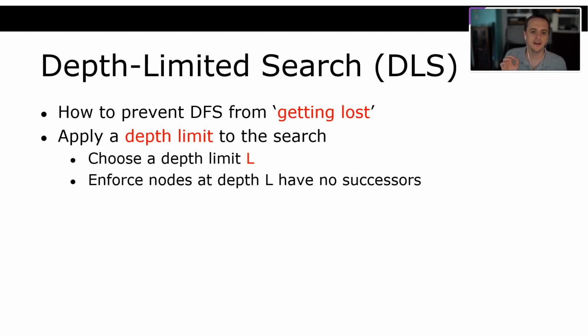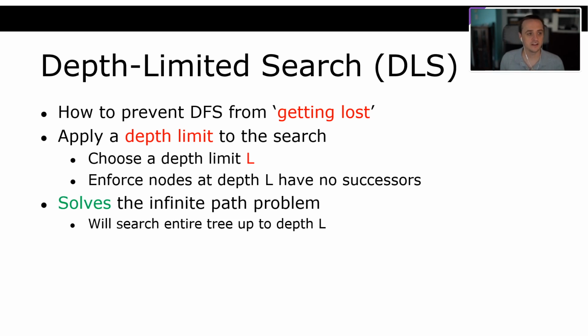Well, we're going to apply a depth limit to the search, and we'll call that depth limit L. So we're going to enforce that nodes at depth L have no successors. What that means is if we've reached depth L, we just stop there. So it solves the infinite path problem because it will search the entire tree only up to depth L.